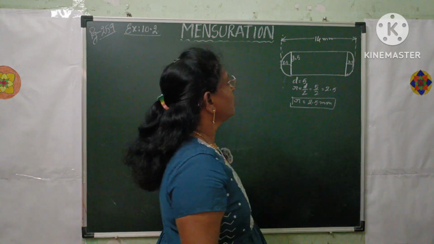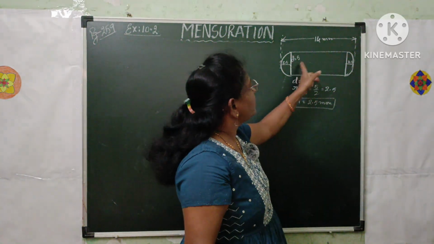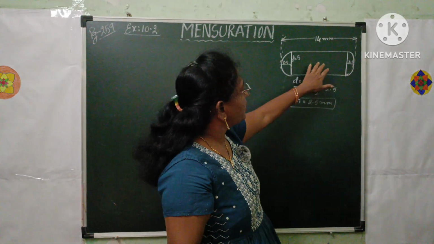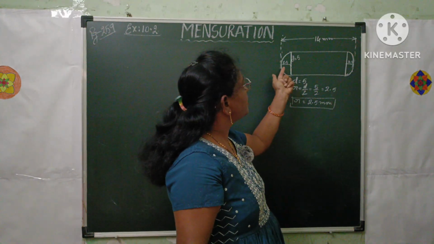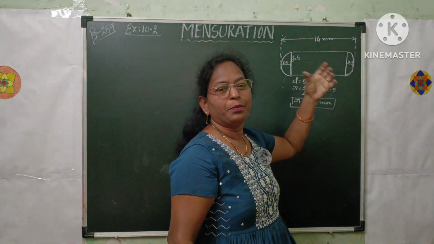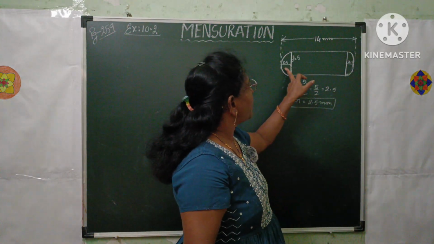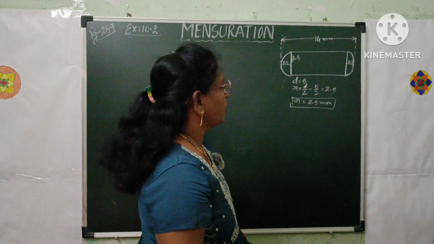Next, the total length of the capsule is 14. What is the length of the cylinder? How will we get the length of the cylinder? It comes from the length of the capsule minus the radius of the hemisphere, minus 2 radius, not 1 radius. Minus 2 radius of the hemisphere. Okay, right.